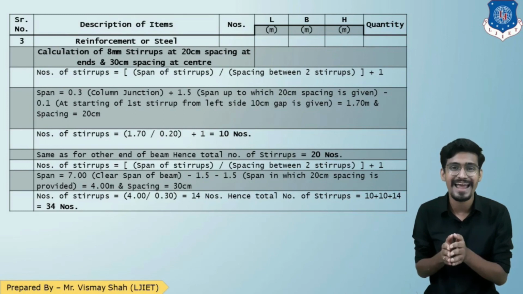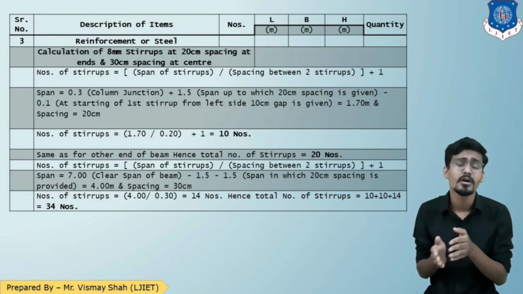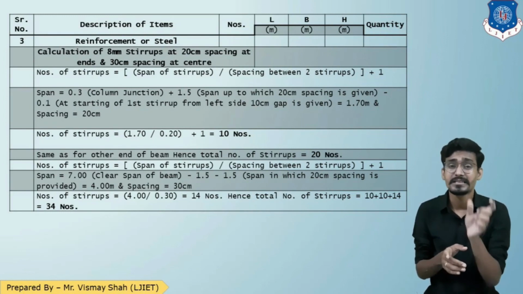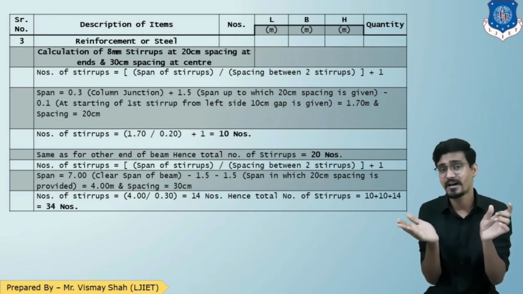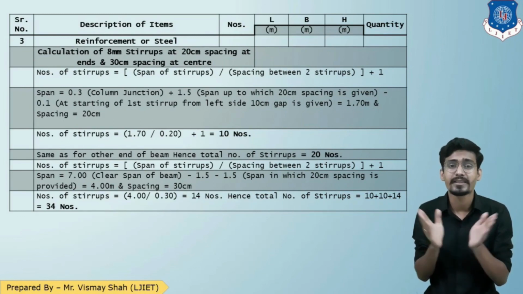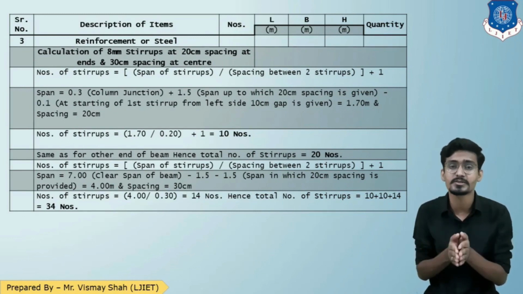So we'll get the span as 1.7 meter and the spacing is 20 centimeter. So writing out the formula, we'll get the number as 10. This is for the one side. At the other end, that is again 20 centimeter, so we can double it. So the total stirrups will be 20 numbers.